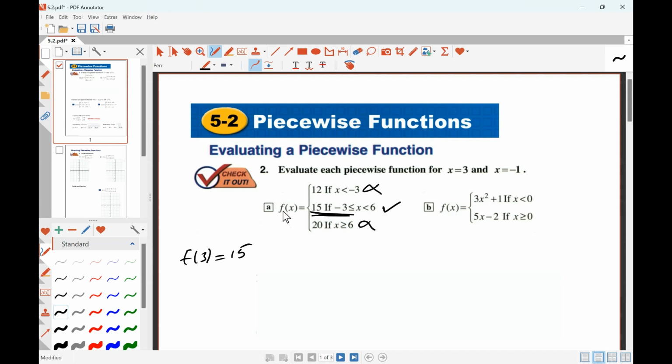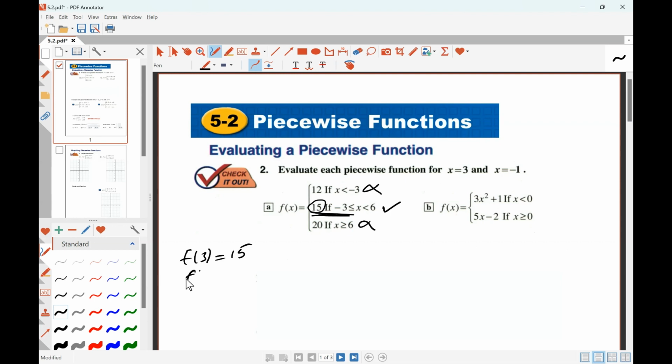Once I find the correct region, the correct interval for x, I will know what the correct function is. For -1, it is the same situation because -1 is also between -3 and 6.